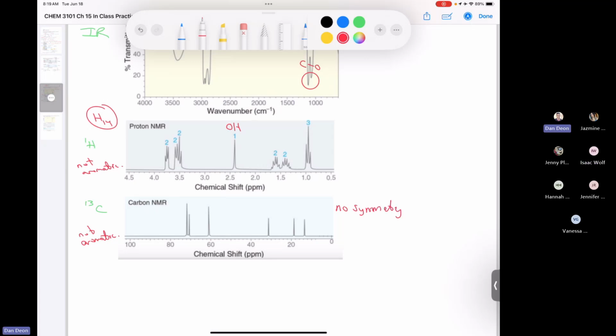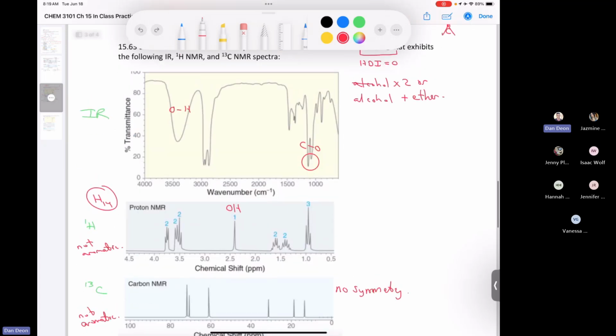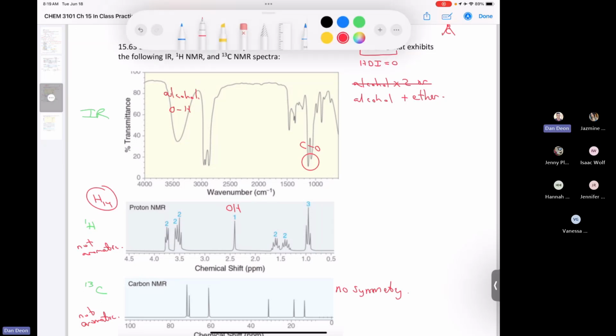There's no symmetry, and we only have 1 singlet that integrates for 1. That tells us we have an alcohol and an ether in the compound.